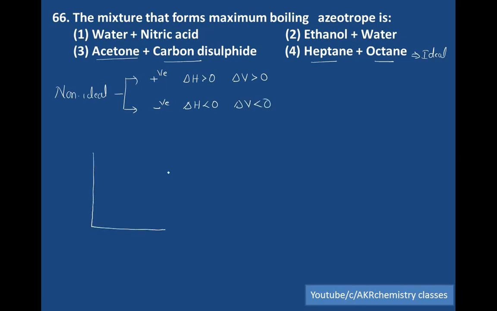If I plot a graph with respect to positive deviation, this is the graph shown by the ideal solution. Positive deviation means it is this way. So here, in case of positive deviation, vapor pressure is maximum, therefore boiling point will be the minimum. So solutions which exhibit positive deviation are always involved in the formation of minimum boiling azeotropes.